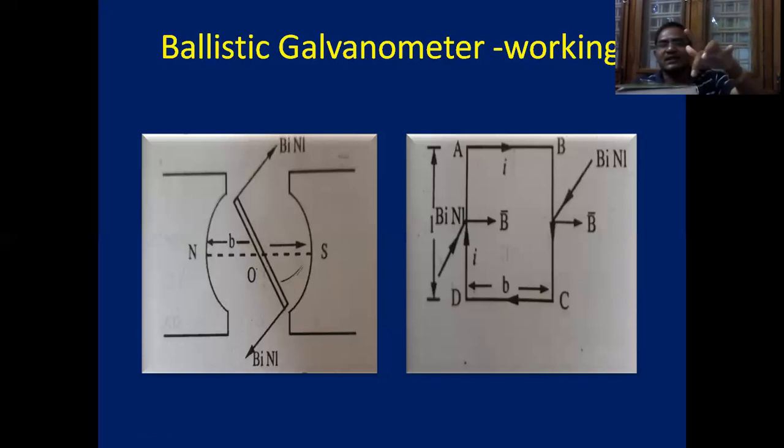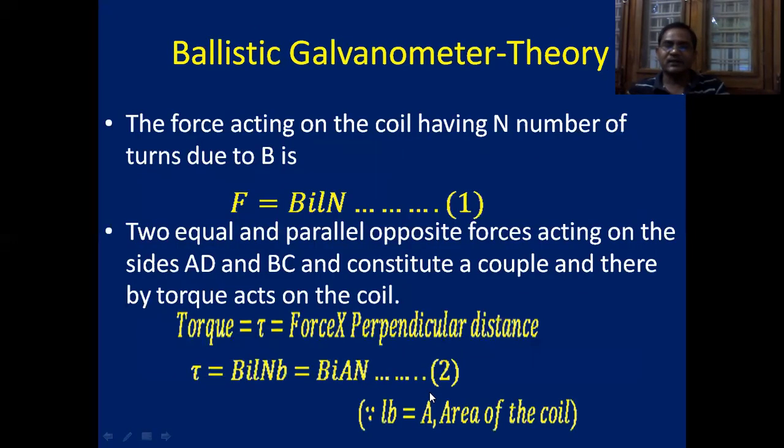So on this side, the force acts upward. So on the coil at two different positions, two equal parallel forces act in opposite directions. Therefore, they constitute a couple. This is the concept of torque acting on the coil.